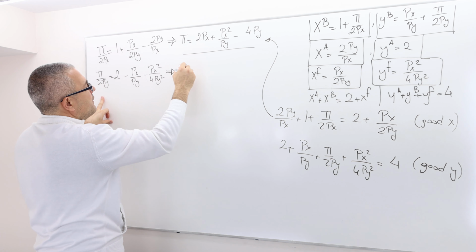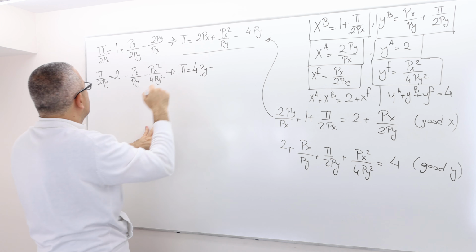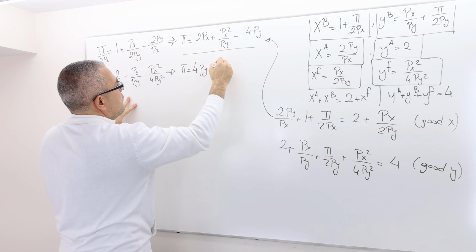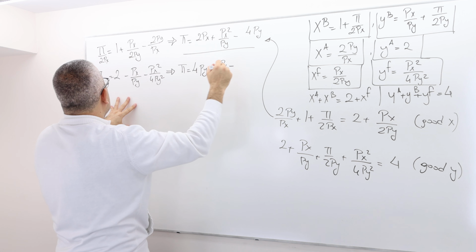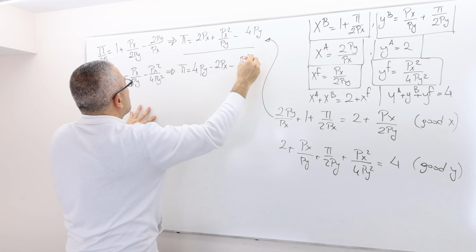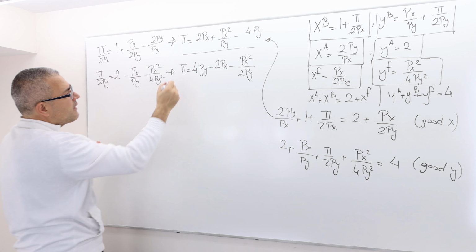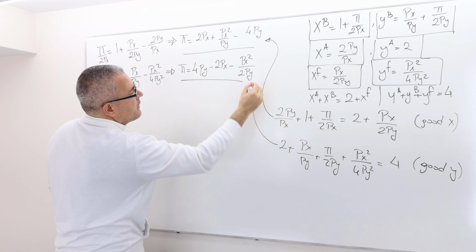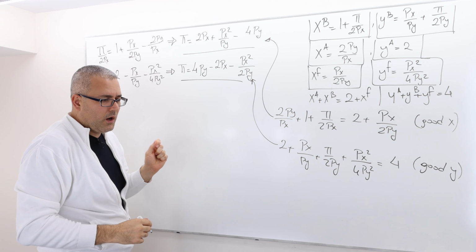As a result, pi, the profit, is going to be 4py minus 2px, the py's will cancel out, and then minus px squared divided by 2py. Okay, so this is the second equation, which is derived from the market clearance condition for good y.